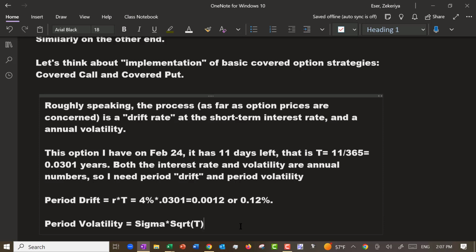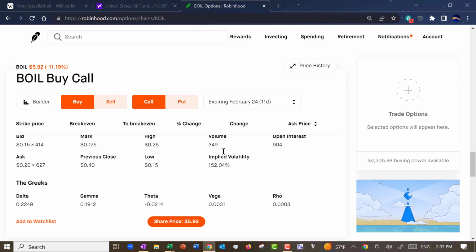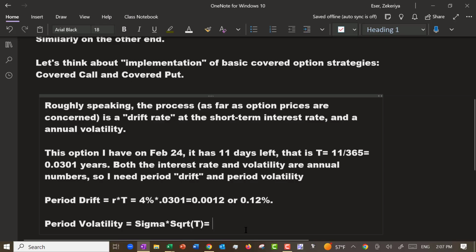And if you had 2 years worth of data, and let's say volatility was 10%, volatility of the 2-year return is going to be square root of 2 times volatility of 1 year. And currently, this one has an implied volatility of 152%.